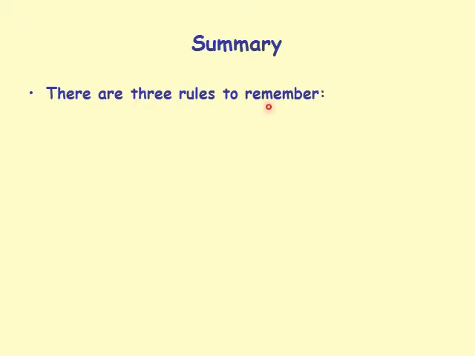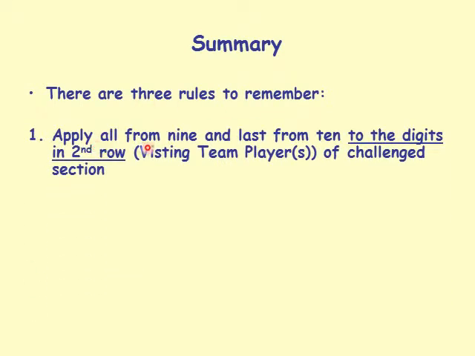Okay, there are 3 rules to remember. Apply all from 9 and last from 10 to the digits in the second row, which is the visiting team players of the challenged section. When our home team is challenged in some section, in that section we apply all from 9 and last from 10. We do that to the players of the visiting team in that section.